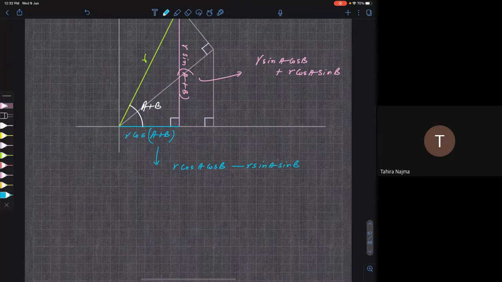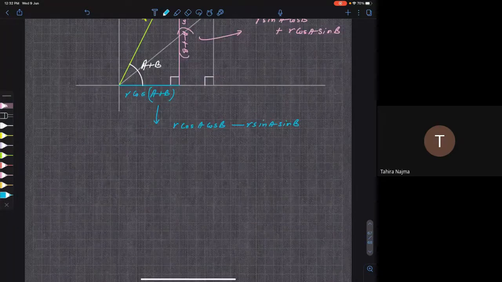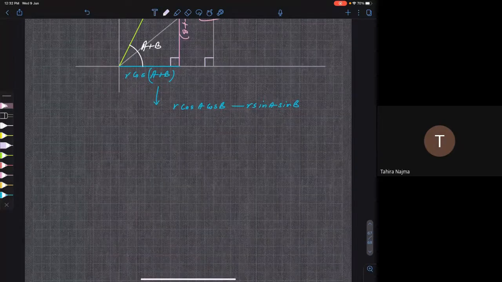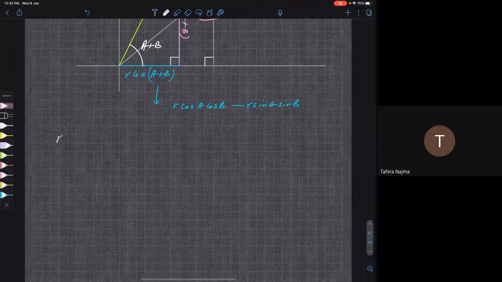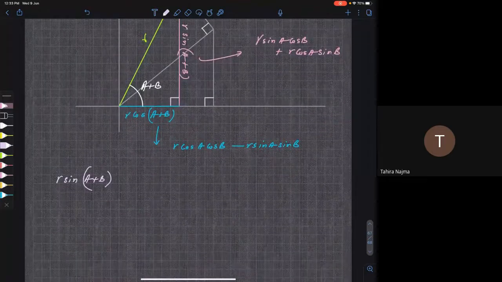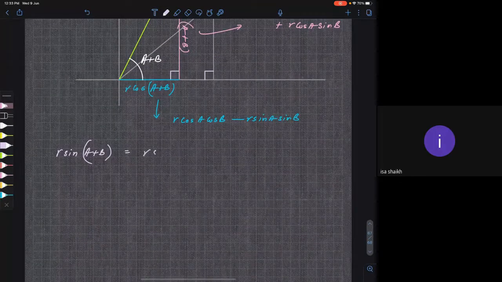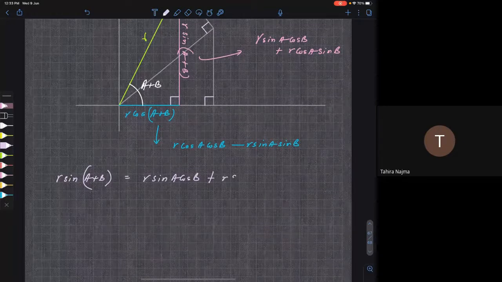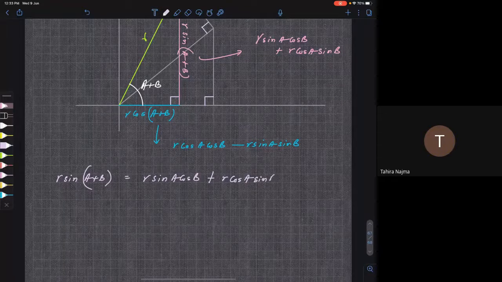Agreed. Yes, sir. So according to the things we saw until now, we can conclude two things. One is r sin A plus B. So r sin A plus B is equal to r cos A sin B plus r sin A cos B, hmm, r sin A cos B plus r cos A sin B. Do you agree?